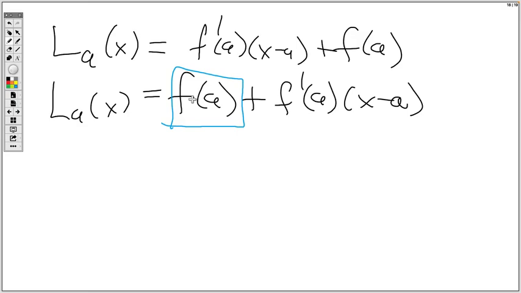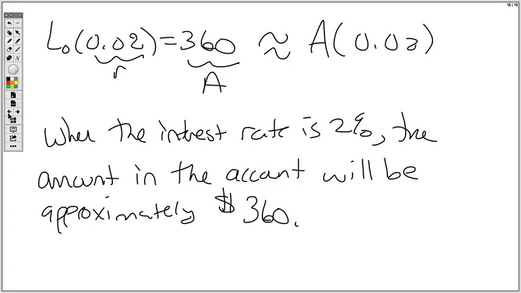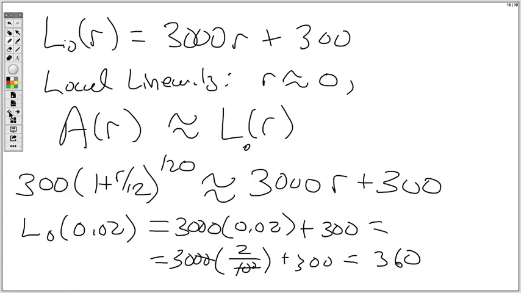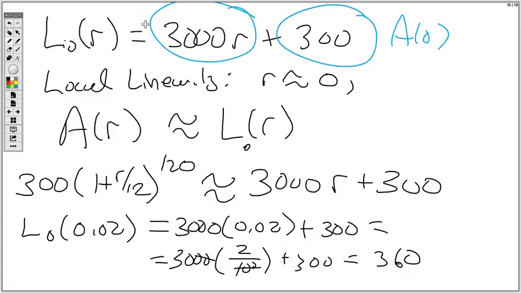So we know that if x is close to a, f of x is going to be close to f of a. So notice we have that f of a here, and we can think of this as a correction term, an approximate error. So it's going to be f of a plus a little bit. So for example, this was your A of 0, and this would be your correction factor.